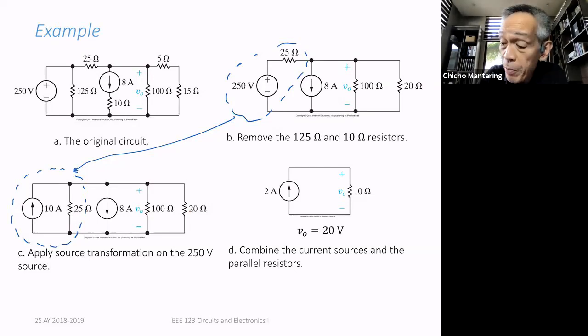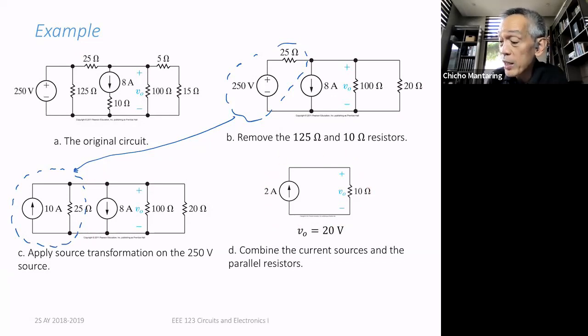By doing so, I am not eliminating the terminals across which V sub O is determined. No? So I can do this. I can convert this into one single resistor kasi nandun pa rin naman yung terminals across which V sub O is determined. So note how much simpler my circuit is now.